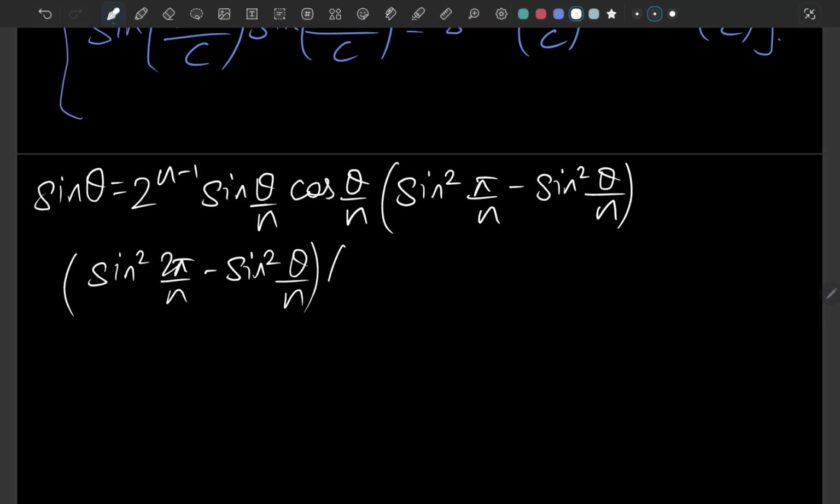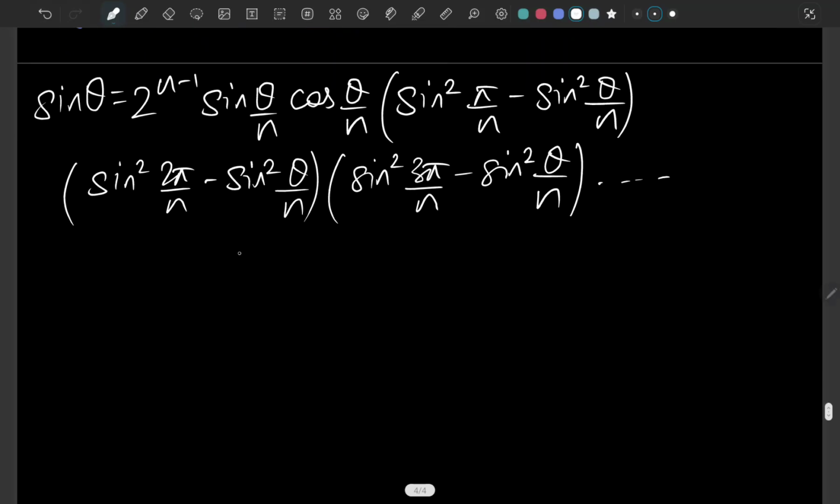Next, sine squared of 3 pi over n minus sine squared of theta over n, dot dot dot. And that's really amazing, guys. And this can be written up to sine squared of pi over n times, oh wait a second, n over 2 minus 1 actually, right?